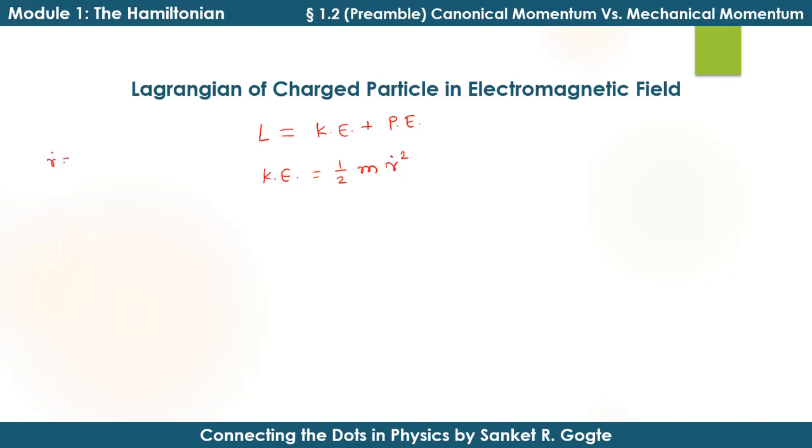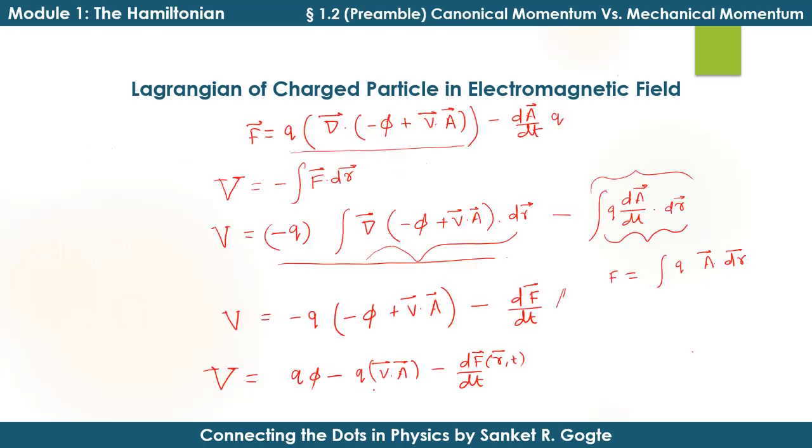R dot is basically x dot I plus y dot j plus z dot k. So it's a velocity in 3 dimensions. Sorry, this has to be minus.